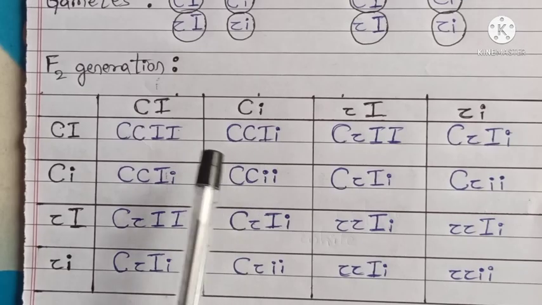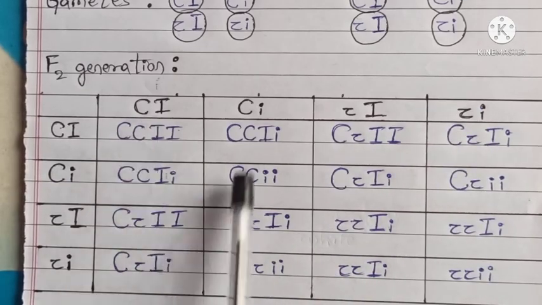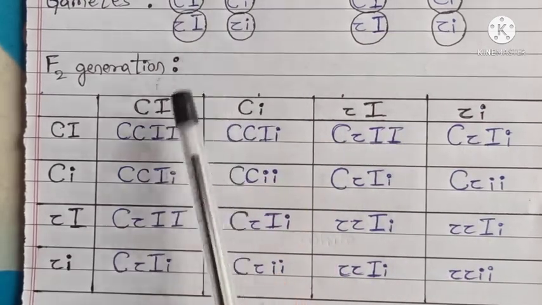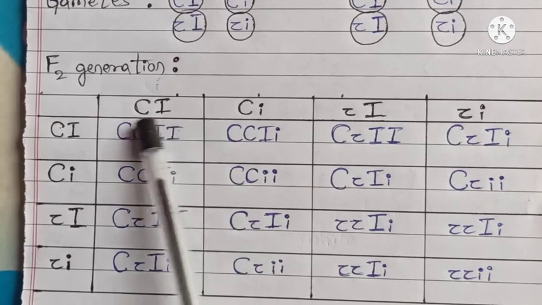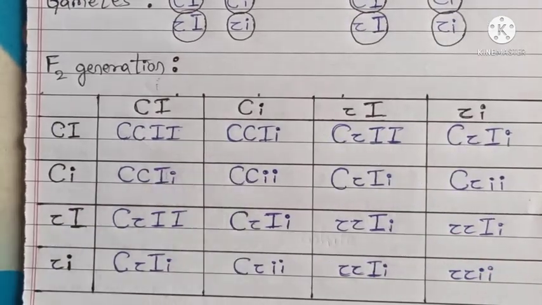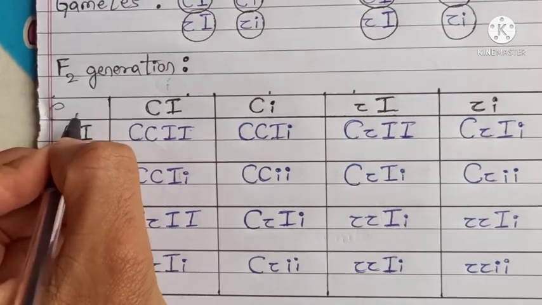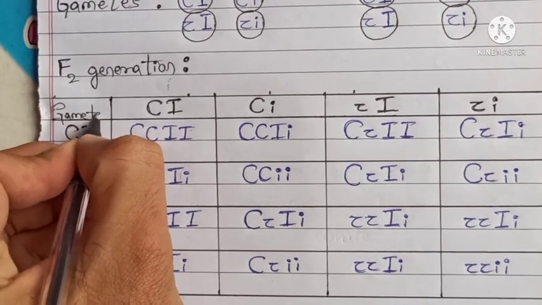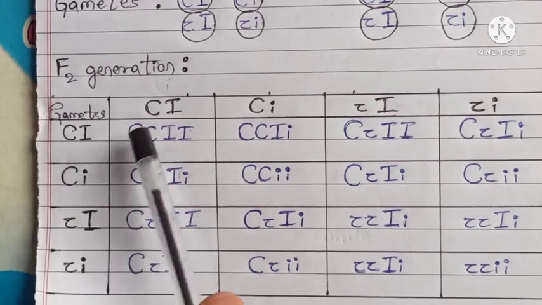Now let us draw the checkerboard or Punnett square by taking these gametes. I have taken these gametes in this direction and these 4 gametes in this direction. Now you can easily multiply this.